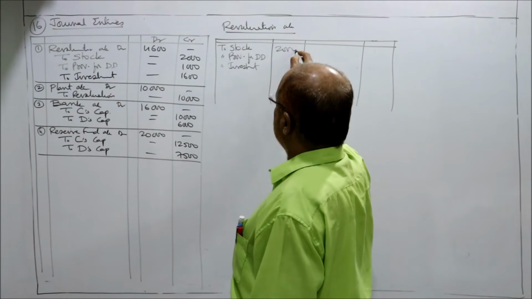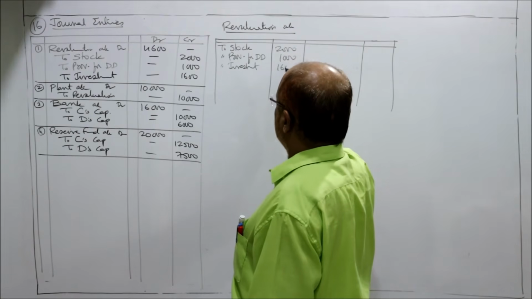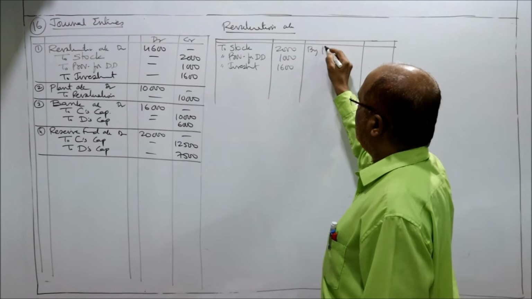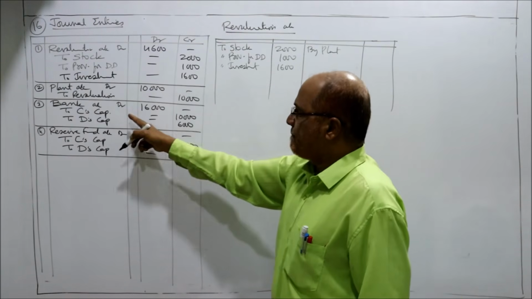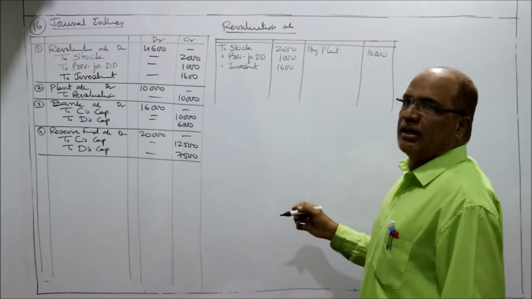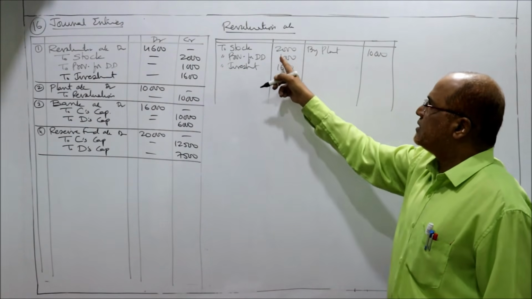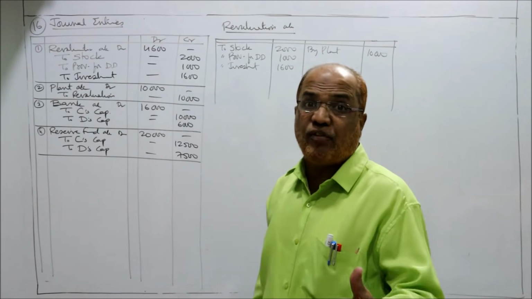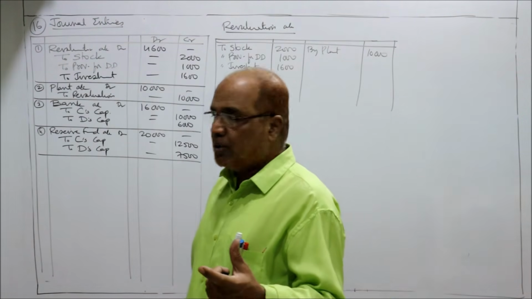It is 2,000, 1,000 and 1,600. Here plant account debit to revaluation, so by plant it is 10,000. Now see here, credit side 10,000, debit side 4,600. So there is a revaluation profit.